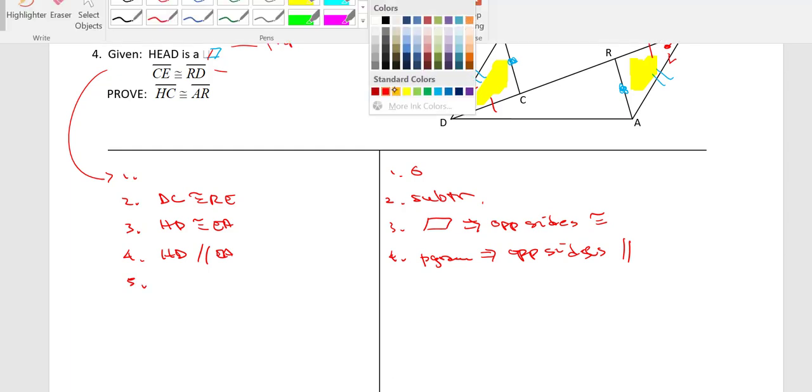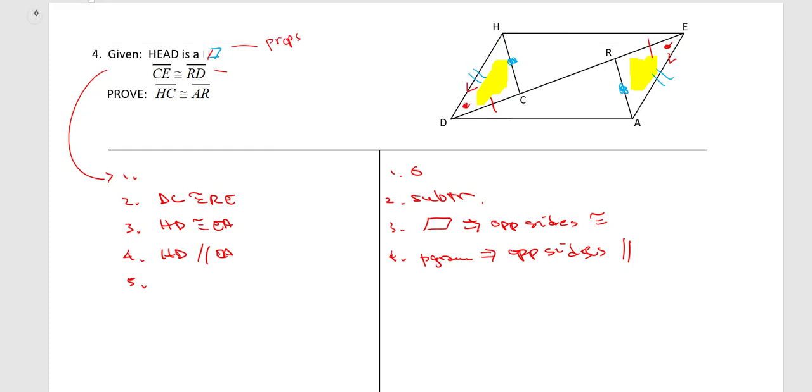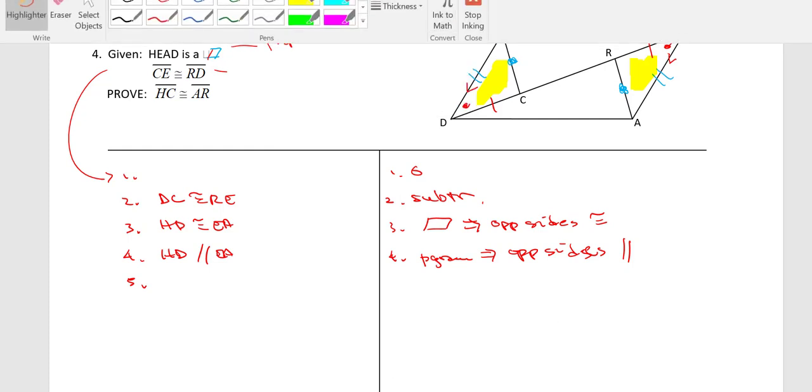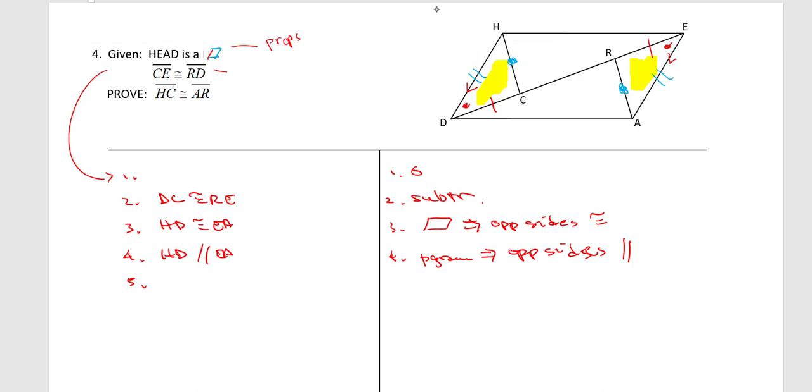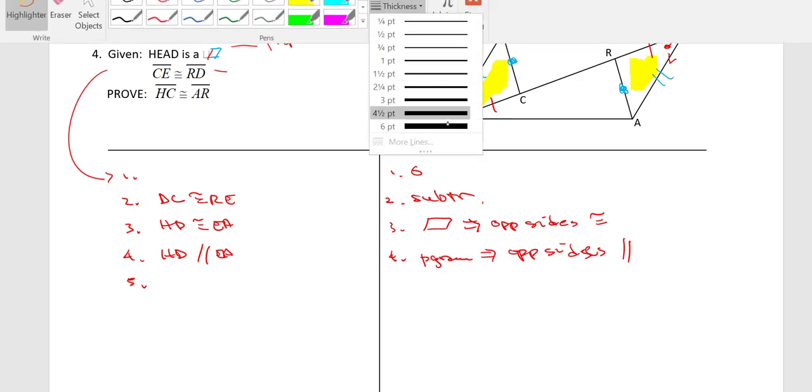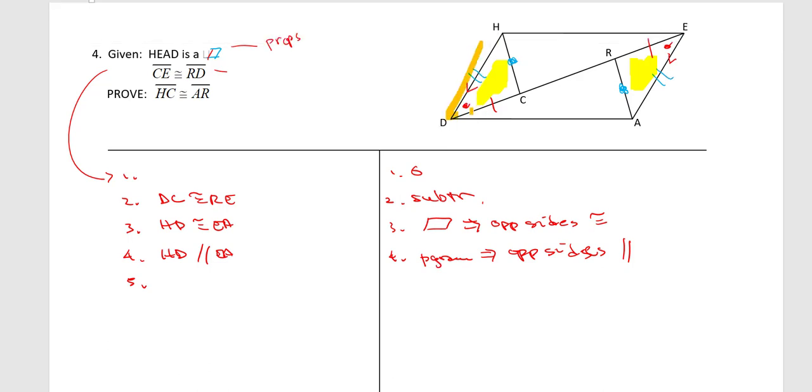Now I can go ahead and do the alternate interior angles. Let's highlight this a little bit better here so that you can kind of see it. But the alternate interior angles are going to be right here. So you have those right there.